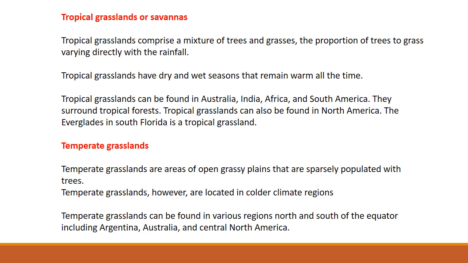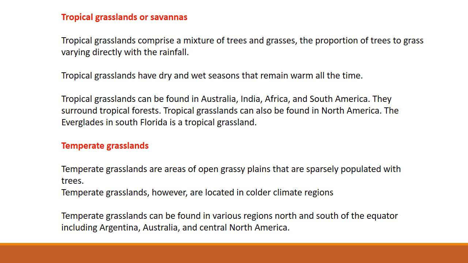The second grassland type is temperate grasslands. Temperate grasslands are areas of open, grassy plains that are not populated with trees. They are usually found in the centers of continents on flat, sloped hills.